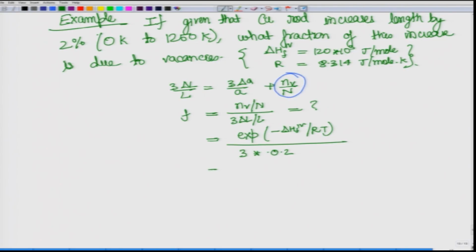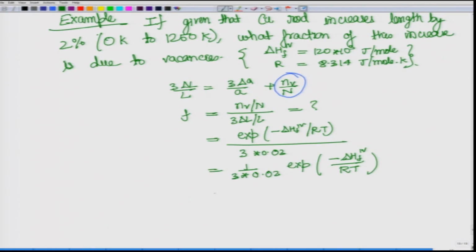So, this is 1 over 3 into 0.02, times exp of minus delta HF 1V by RT.